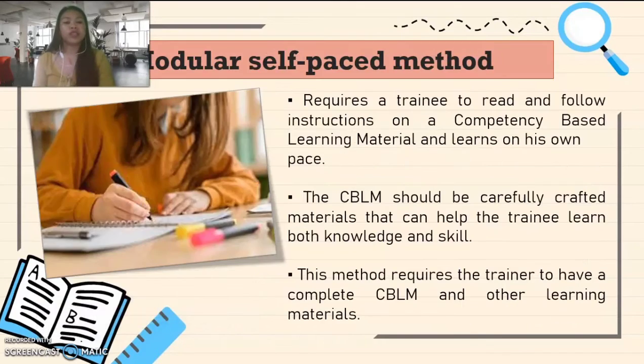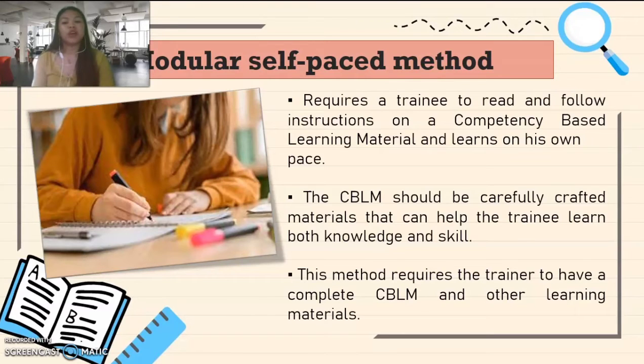Next is the modular or self-paced method. This requires a trainee to read and follow instructions on competency-based learning materials and learn at his own pace. In TESDA, the modular or self-paced method is recommended. According to the 10 principles of CBT, a learner can progress at his own pace.